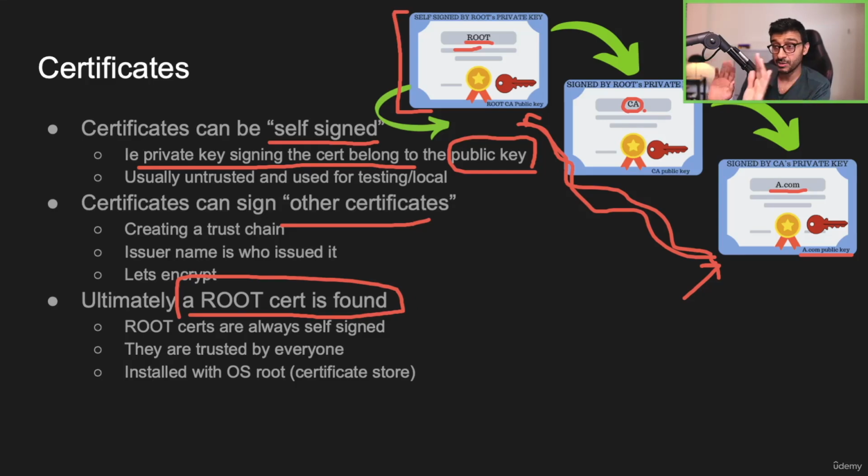You don't trust that yet. You say, okay, CA.com signed your public key with their private key, sure, but who signed CA? You still didn't tell me. Well, root signed CA. And you say, okay, root signed, yeah, but I don't trust root yet. Then you look up root in your cert store. You always look up in your cert store. If you find root, trusted. If you don't find root, rejected.